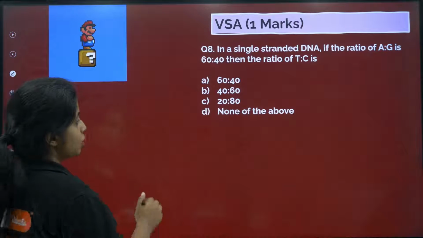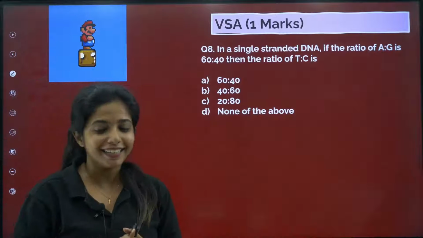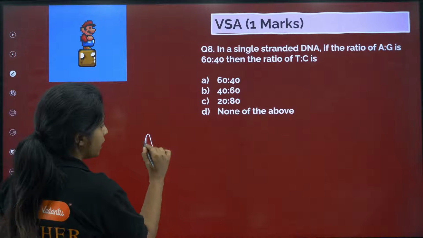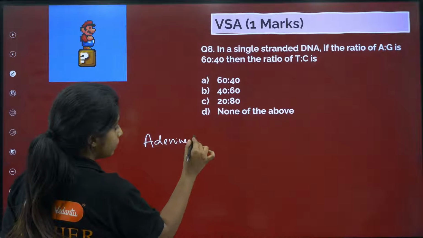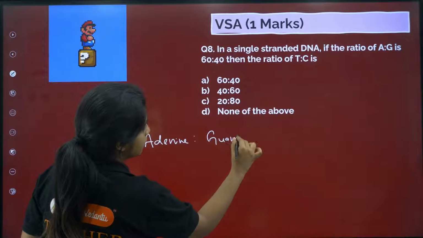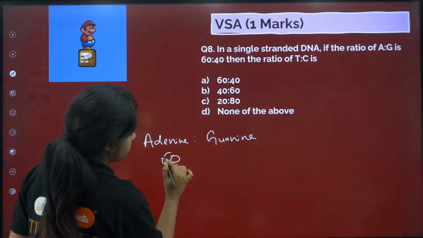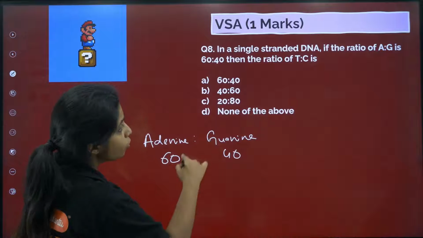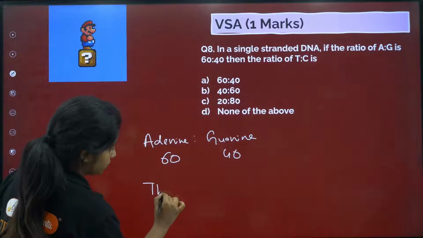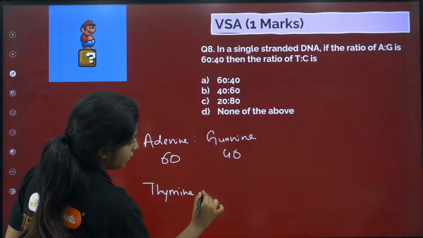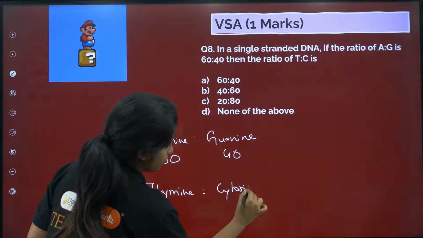It is a single stranded DNA and the ratio of adenine and guanine is 60 and 40. You are asked about the ratio of thymine and cytosine.